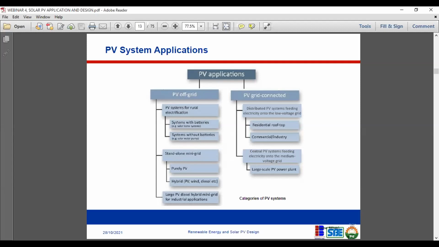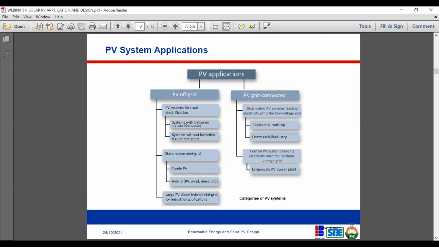Most of these systems, like I said earlier, have batteries. In fact, when you're doing an off-grid solar system, in most cases you have batteries integrated into the design. The reason I say most of the time is that in recent times, we are beginning to see inverters for off-grid systems that can function without batteries.